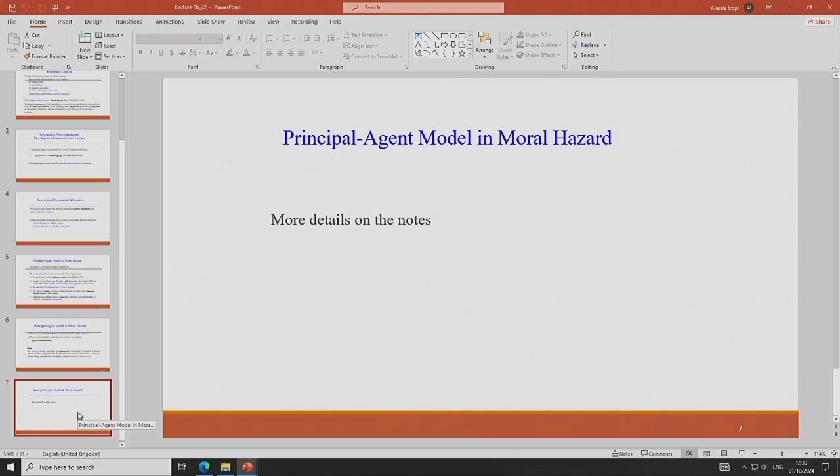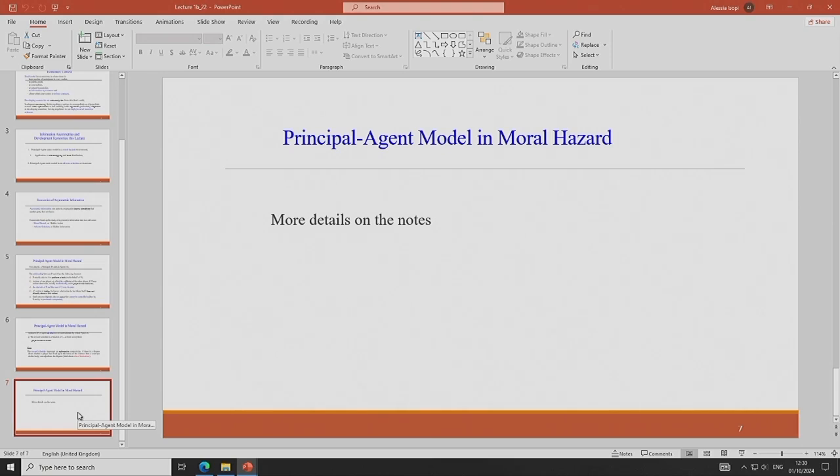As a principal, when I offer the rewards schedule, T upper bar and T lower bar, I have to make sure that the agent will find it in his best interest to exert I effort. Why? Because the expected utility net of the cost of effort that I provide him with is non-smaller than the one he gets by exerting no effort.